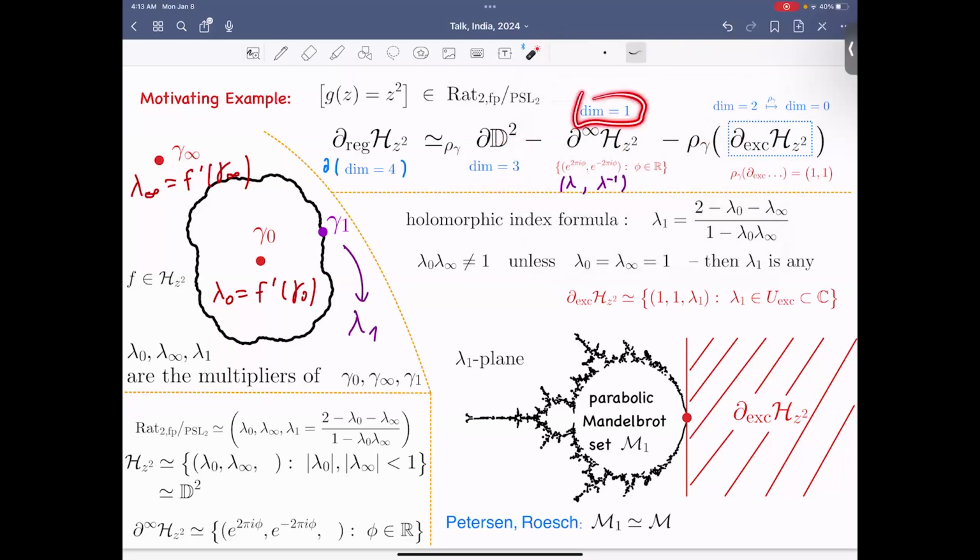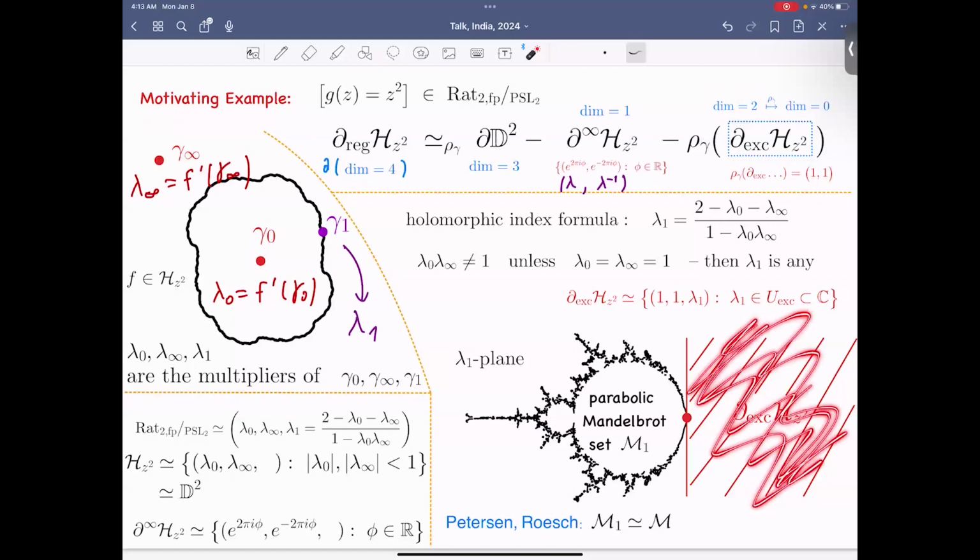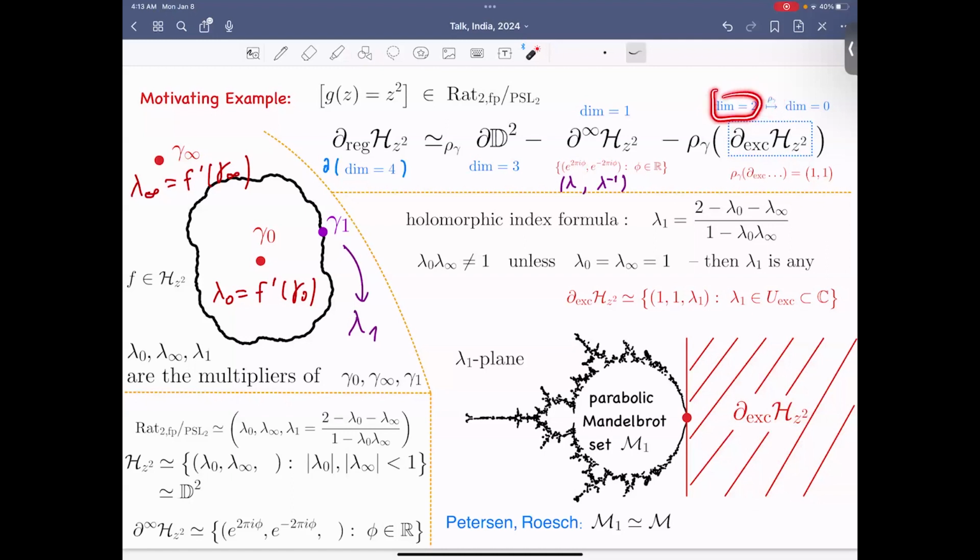So this is the dimension of the obstructed boundary. And this is the dimension of the exceptional boundary. But if we evaluate the multiplier map for the exceptional boundary, then we'll just obtain 1 point. So under the multiplier map, the exceptional boundary collapses into 1 point.